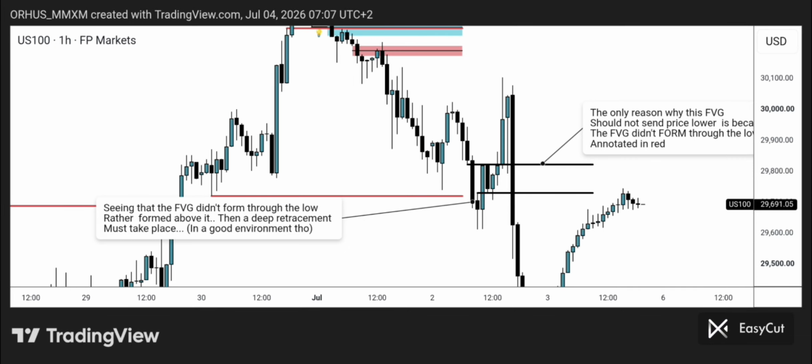Liquidity to the downside that you can target when you are selling or shorting the market is called sell side liquidity. While liquidity above market price, which you target when you are looking for buys, is buy side liquidity. If you are buying, you are targeting buy side liquidity, and if you are selling, you are targeting sell side liquidity.